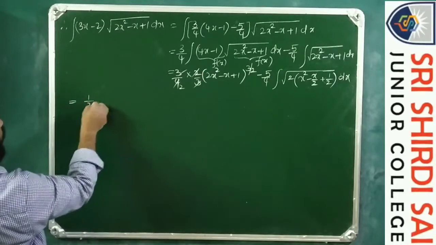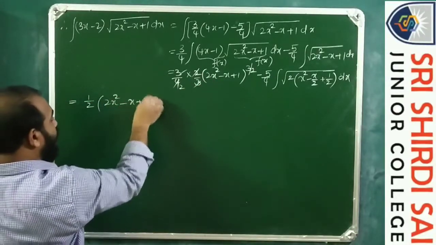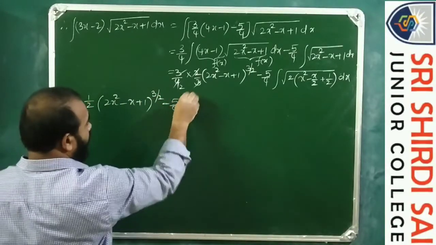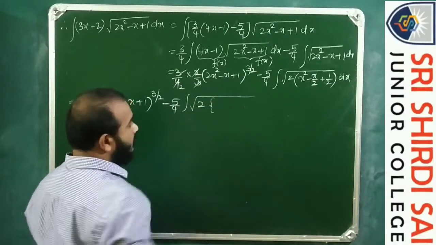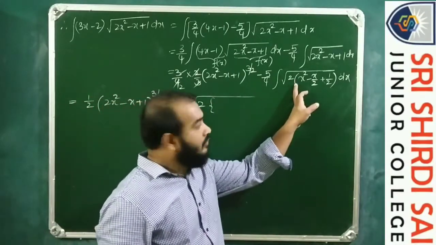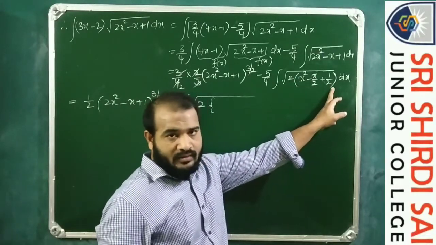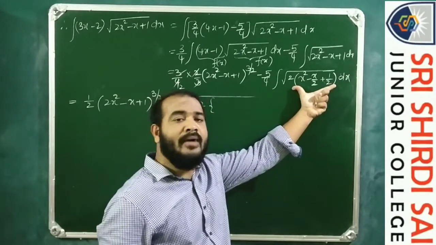1/2 into (2x² − x + 1) whole power 3/2 minus 5/4 integral 2 into, so here again it is a² − 2ab + b² type. So we have to convert this into (a − b) whole square.